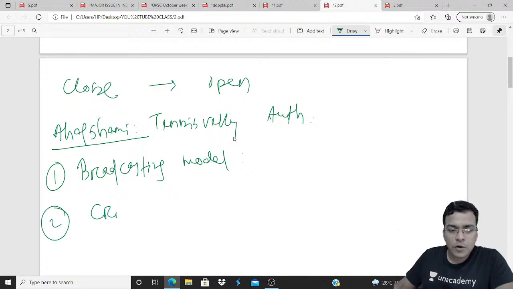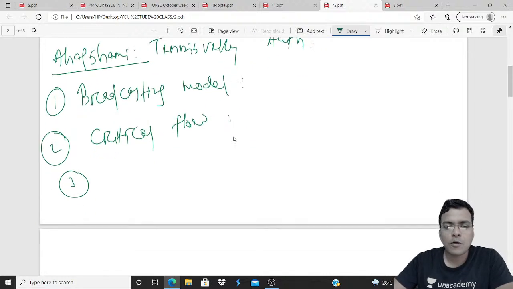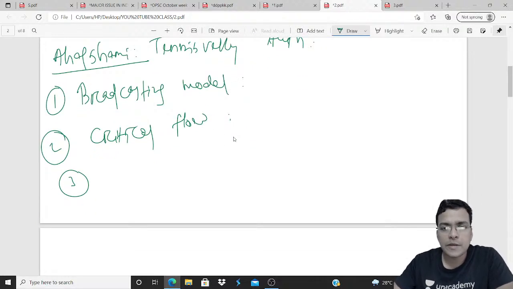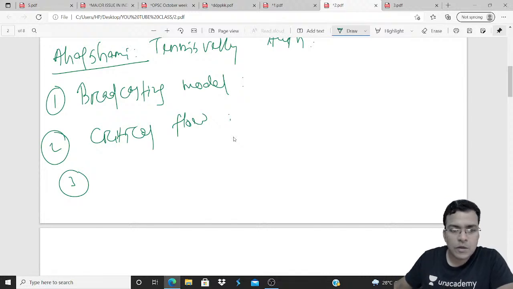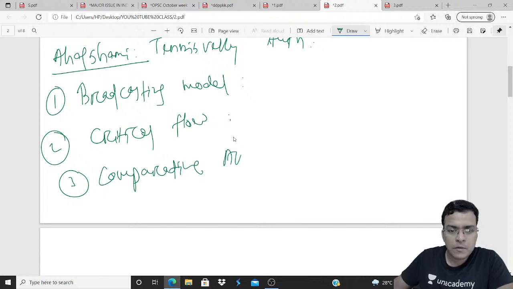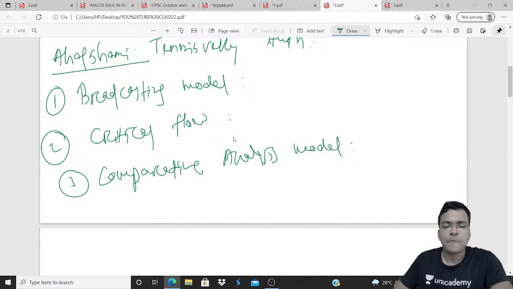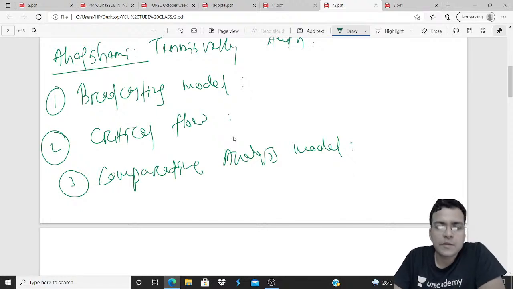Critical flow model, the flow or retrieving of information in a very speedy manner. Comparative analysis model, now administration can compare between different things.